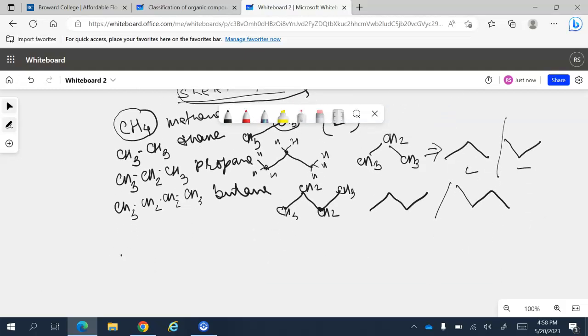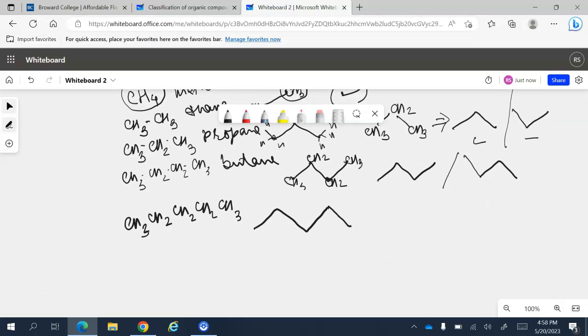Similarly, for pentane, whenever you have five carbons, CH3, CH2, CH2, CH2, CH3, we can represent 1, 2, 3, 4, 5 by simply drawing a line like that. It's the line angle formula, a zigzag line. And for hexane, this is your pentane, and we draw one more carbon, 6.